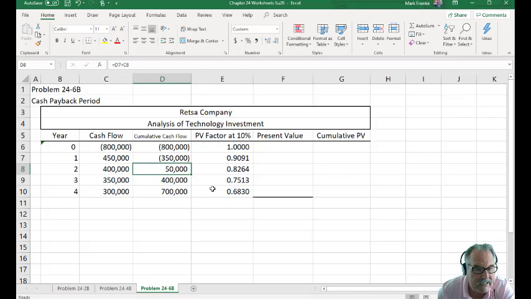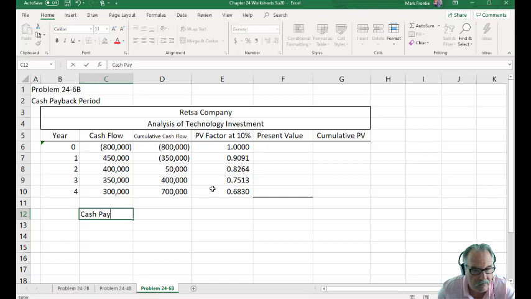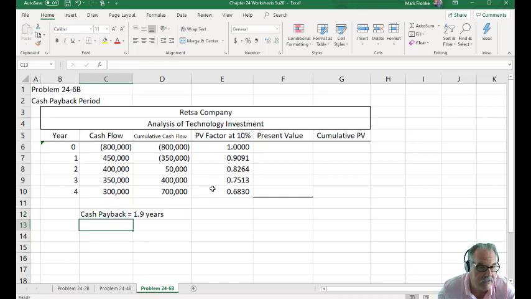So I'm just going to guesstimate the cash payback as 1.9 years. So at the end of the second year, we have $50,000 positive cash flow. So it means that we became positive somewhere towards the end of the second year.